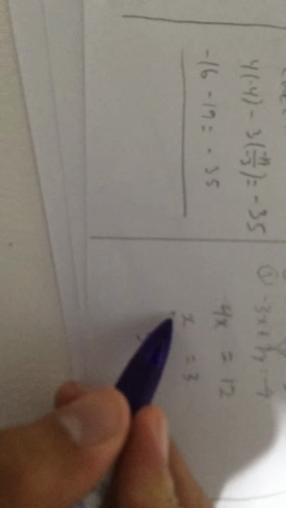So when you simplify it, x becomes 3. Now you've got your x variable. Now you want to sub it into equation 1 or 2, but as you see here, 1 is so much easier to do as there are no negatives in it. So let's just sub it into 1.